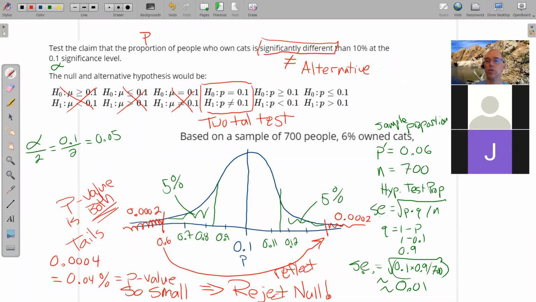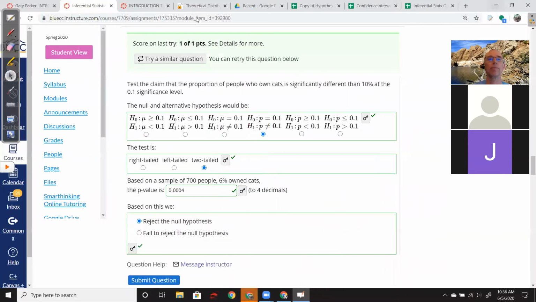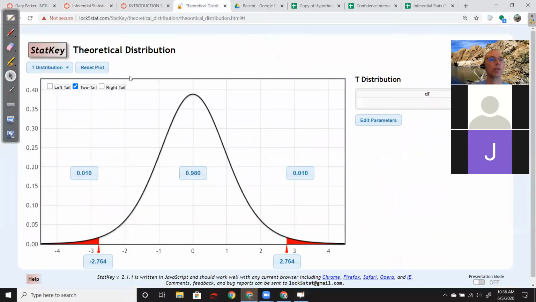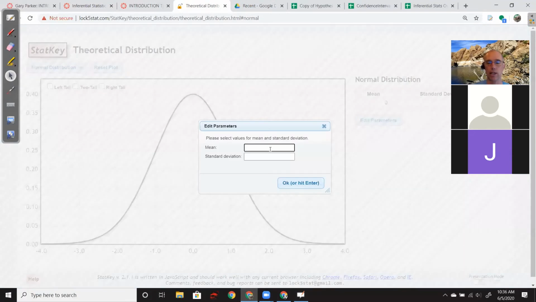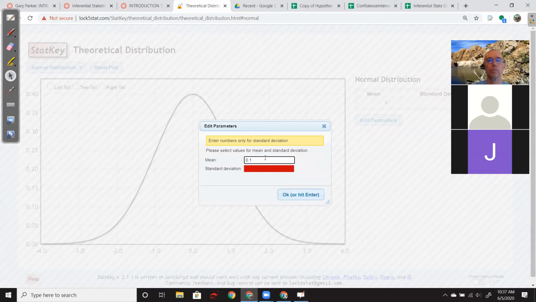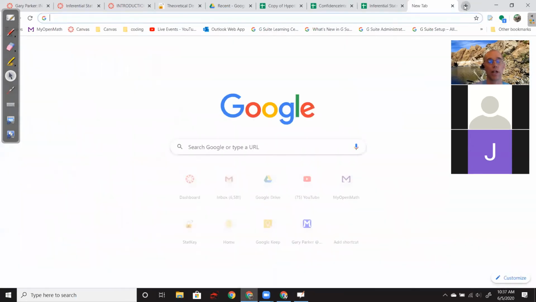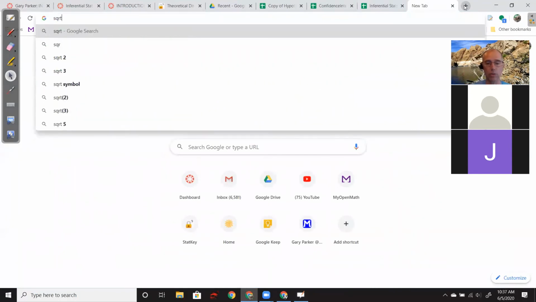So all of those have to be given and or calculated to use StatKey. So if I were going to do StatKey, show desktop. Which one was I on here? Normal T distribution. So one, I could use a normal distribution, in which case I would enter in my null hypothesis, which is 10%. I need to calculate the standard error. The standard error would be that square root. So I'm just going to whip out a Google calculator.